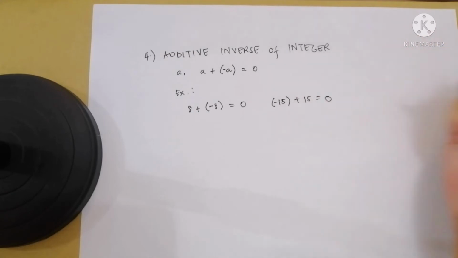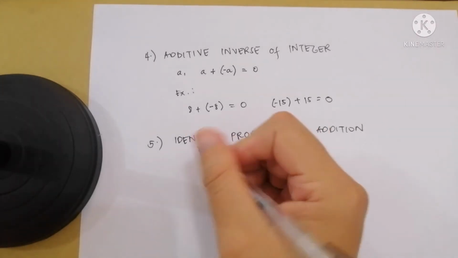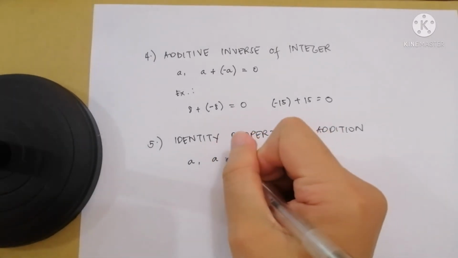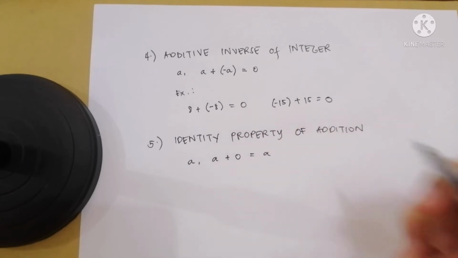The last property of addition is the identity property of addition, which states that the sum of an integer and 0 is the integer itself. So 0 is the identity element for addition. For any integer a, if you add 0 to positive a, the result is itself, which is a.